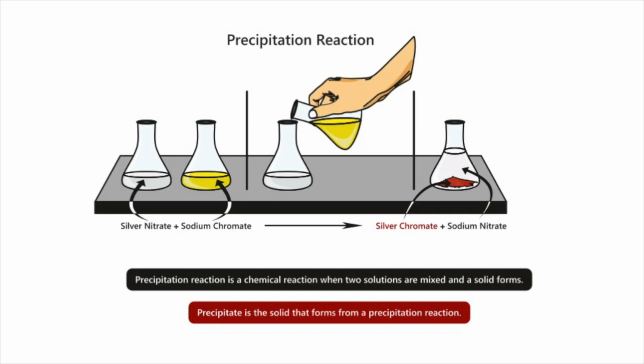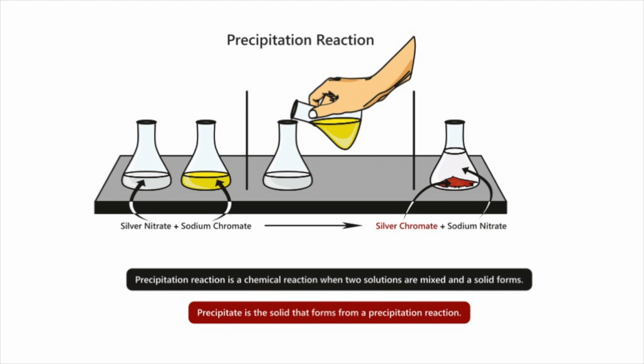Now this slide summarizes what takes place in a precipitation reaction. Now in a precipitation reaction, two solutions are added together to form an insoluble solid. And in this second example, we have silver nitrate and sodium chromate. Both are soluble salts.